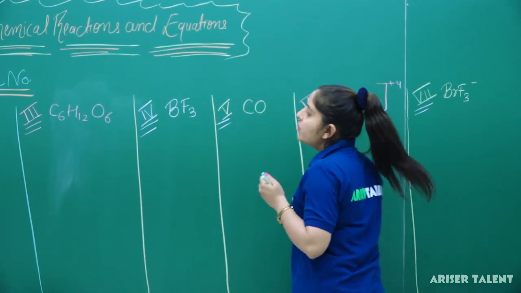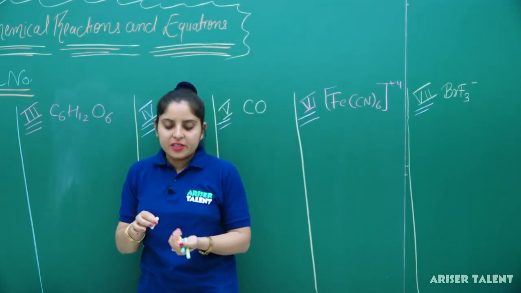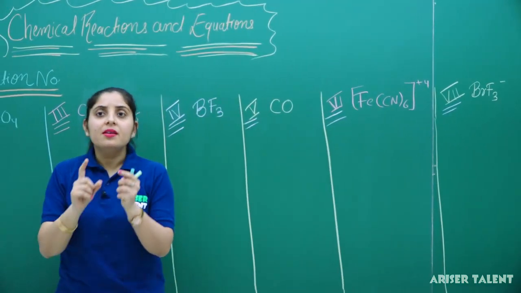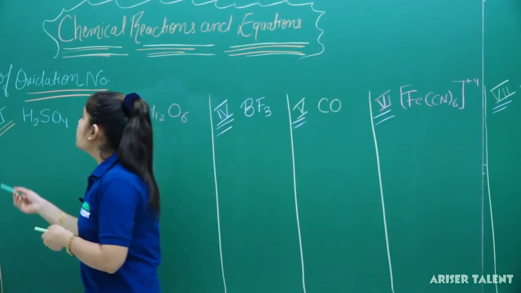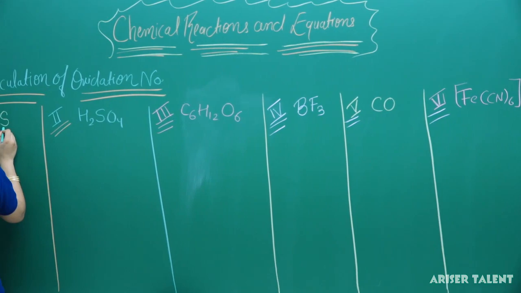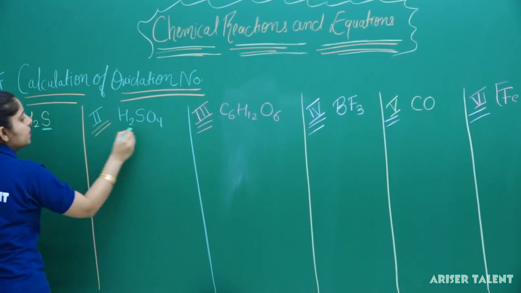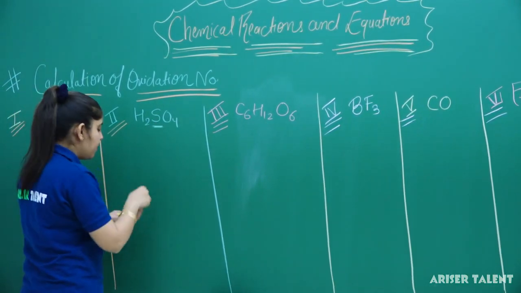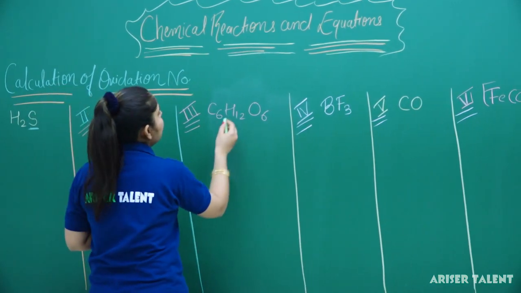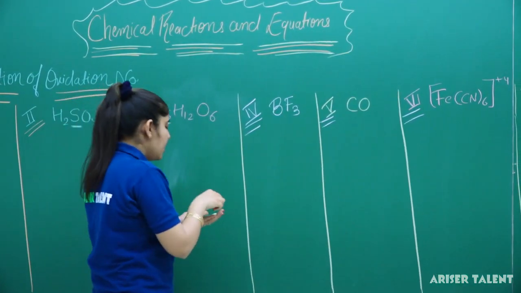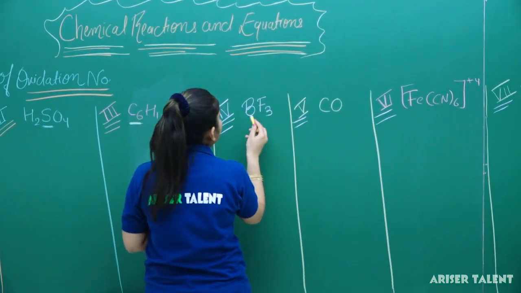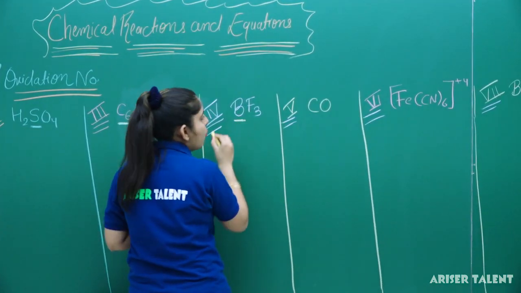For whichever element we have to find the oxidation state, I am underlining that particular element. In this sequence we have to find the oxidation number of sulfur. Here also sulfur. Then here we have to find the oxidation number of, let us suppose, carbon. In BF3 we have to find the oxidation number of boron.